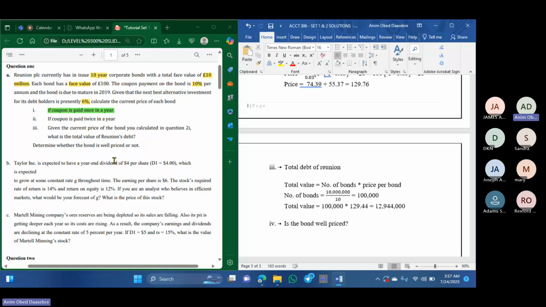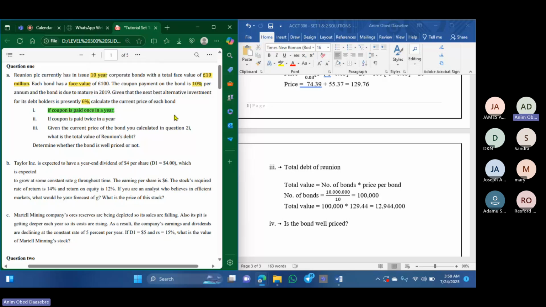So based on the coupon rate, which is 10%, that is greater than the required return, which is 6%. Since the bond coupon rate of 10% is greater than the market yield of 6%, the bond price is above the par.